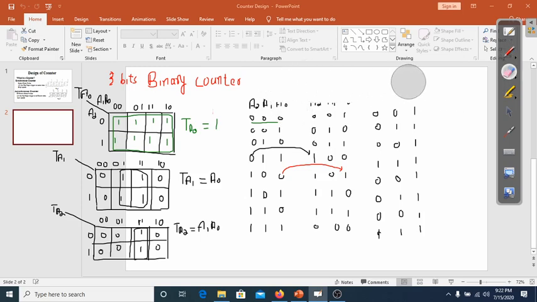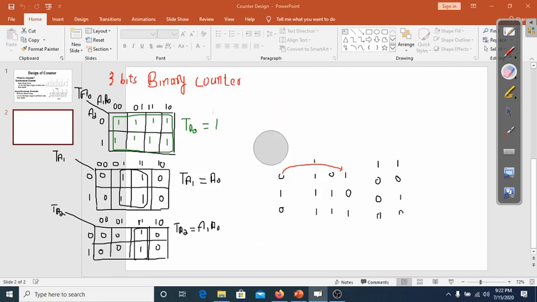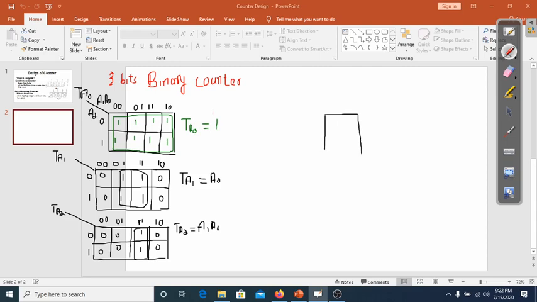We have a synchronous counter, so it is comprised of three flip-flops.